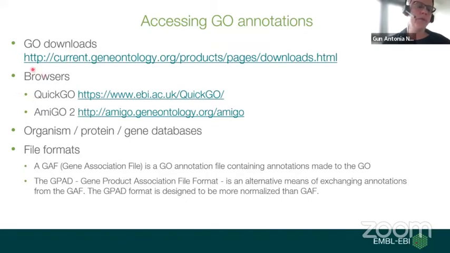When you download the ontology, it might not be obvious how all the relationships work. Different databases might also provide downloads of the data. And generally, you access GO as a GAF or in the GPAD format.